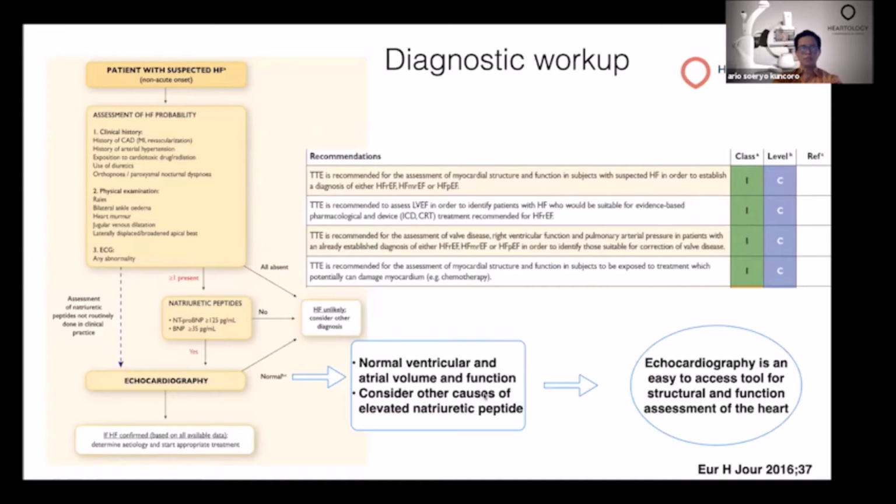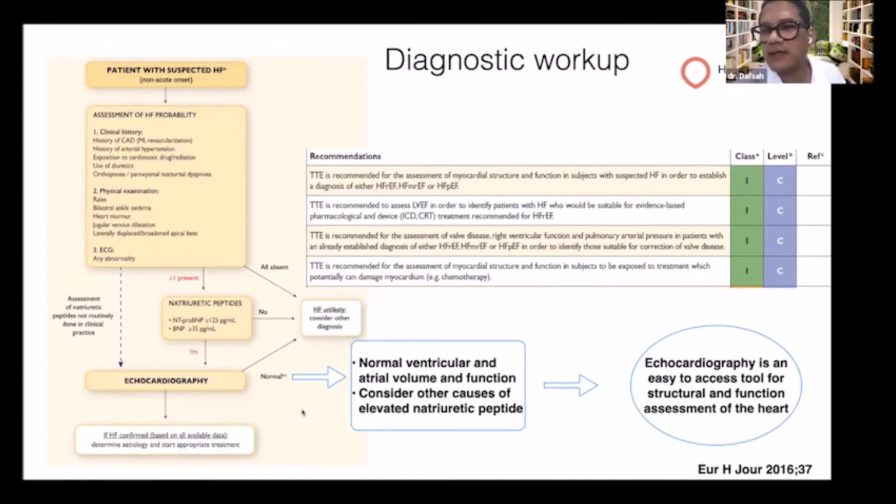So that is the important part of echo, where it is able to show us and explore more about the structure and also the function. So as a clinician, we will be able to explain to the patient what the appropriate treatment is that the patient should have.